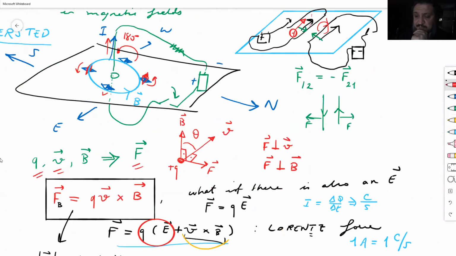Now we'll have a similar formula for the forces on current-carrying wires in the presence of external fields, which is going to look similar, but I'll leave that for the next video. And let me stop here. And in the second video, I'm going to talk about the force between two currents, and then solve more examples. And probably in the video after that, I'm going to move on to sources of magnetic fields.